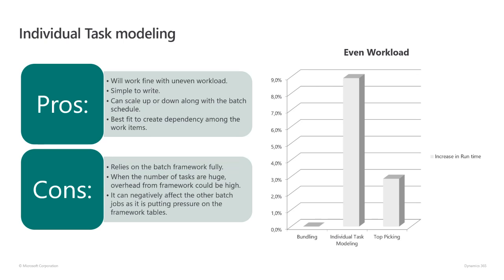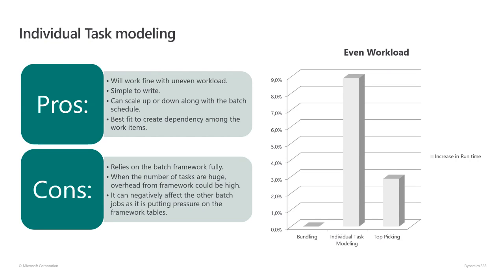Keep in mind that even if there are pros, for instance, that large work items won't be bundled together with smaller ones, which could potentially delay processing of smaller work items, there's still a risk of putting significant pressure on the batch framework itself when the number of tasks is huge. Imagine thousands of tasks; that can be an extra overhead to the batch framework, which might impact the overall performance quite severely.